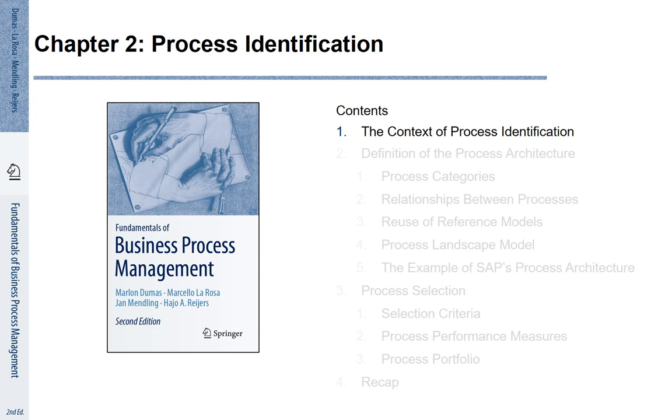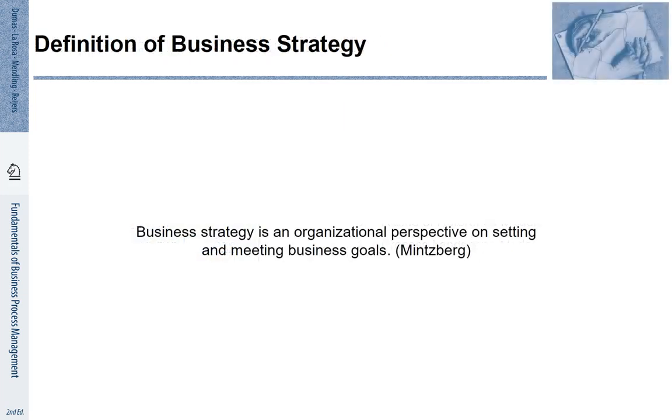Chapter 2, Section 1. The context of process identification. Process identification is very closely related to business strategy. Mintzberg provides a definition of business strategy as follows.